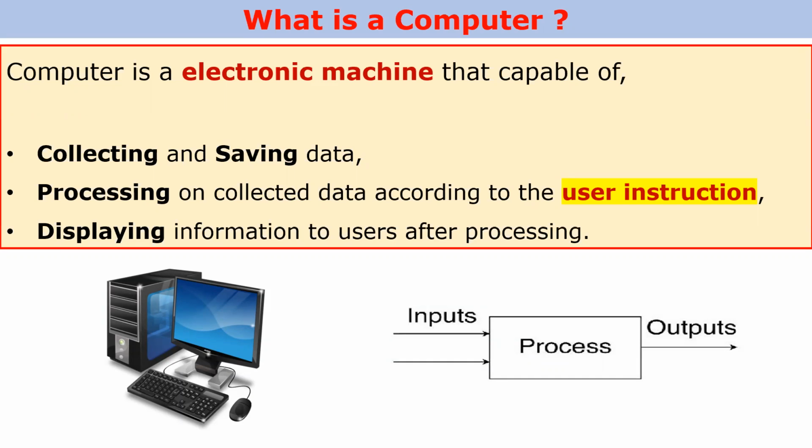It is not able to process according to the user's instructions. Once we switch on the iron, we can't say it is now ironing by itself. The iron is not able to work according to our instructions.